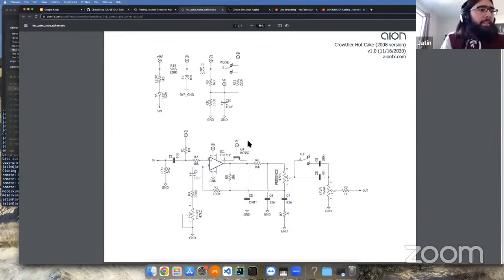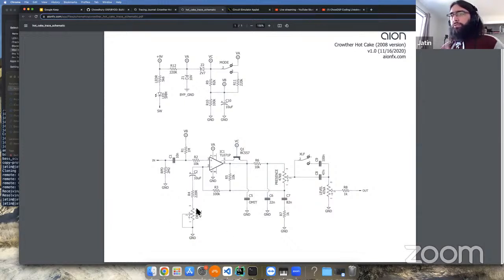Okay, sorry about that. So we've got the circuit here that we're going to be modeling, and it's kind of an interesting circuit. It seems like the primary distortion generator comes from this op-amp clipping here, and then we've got this funky transistor up here, which we'll have to dig into soon enough.